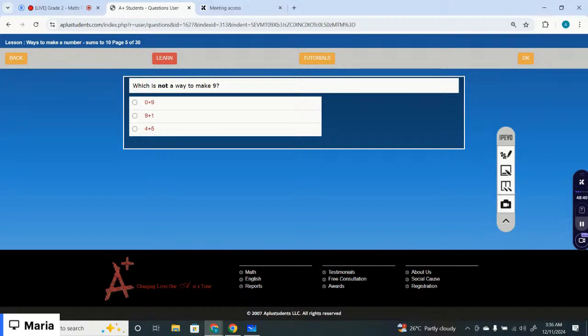Which is not a way to make 9? So which is the correct option? You do not have to make 9, right? So find a way that doesn't make 9.